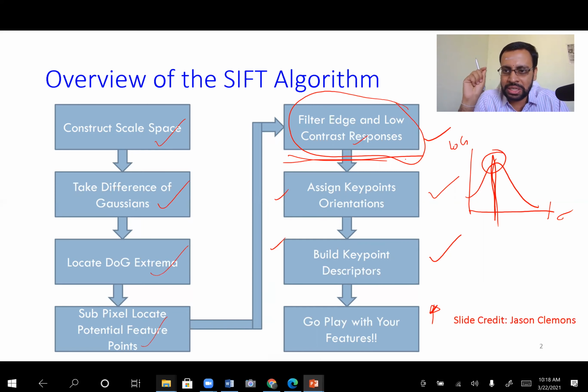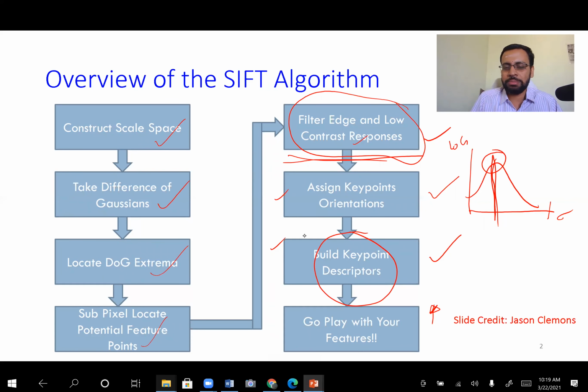And it is for these key points that you take a patch around it, 16 by 16 or whatever we discussed earlier, and then you find the maximum gradient. I think it was in steps of 10 degrees, and then you are orienting finally into that direction. After this orientation, you build the key point descriptor.